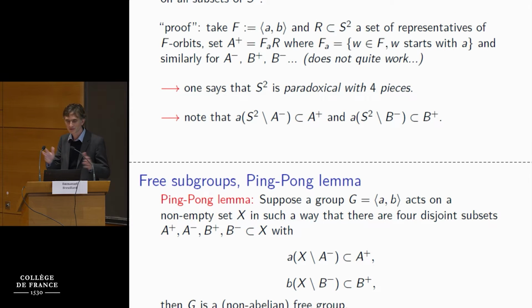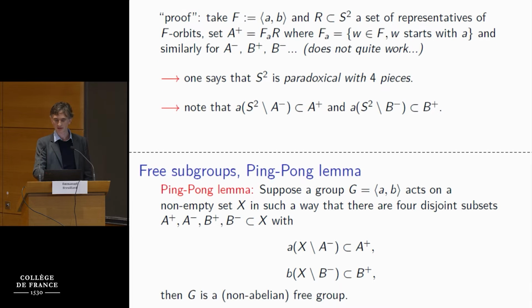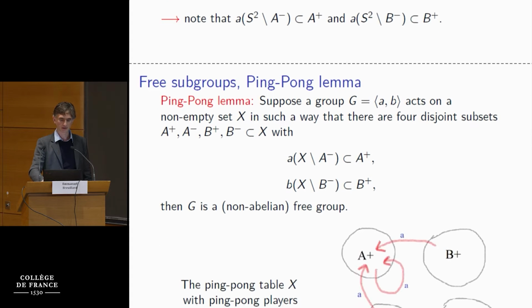It's called like this now, but it was reinvented by various people over the years, and Tits is one of them. I'll talk about this in a second, but what you see is that whenever you have a paradoxical decomposition, then there must be a free group lurking around. And so this is the ping-pong lemma.